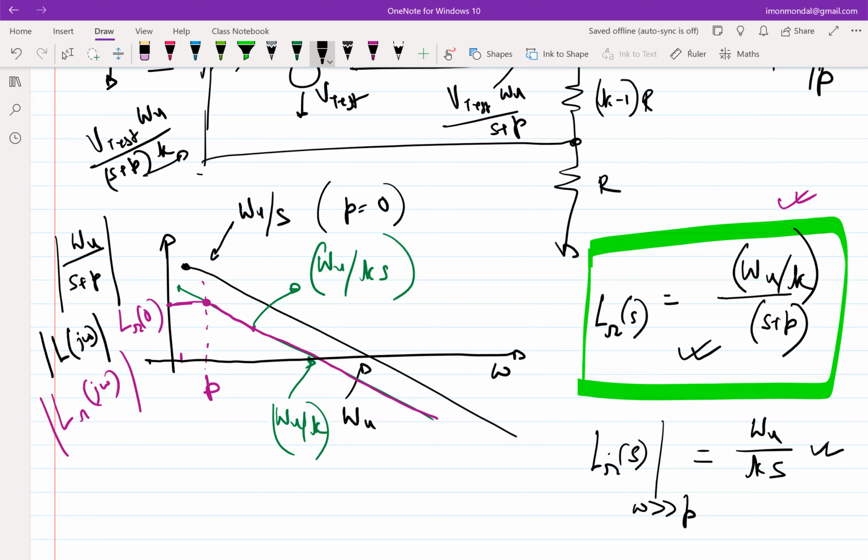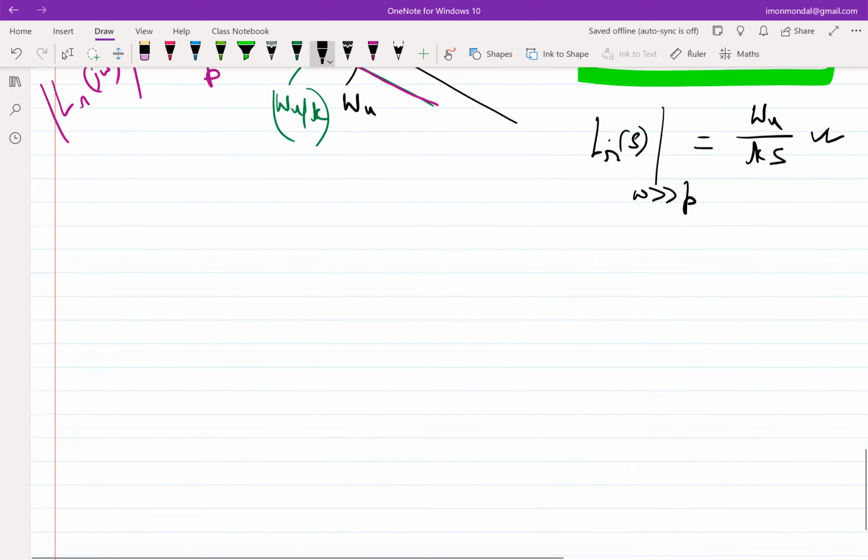I can simply assume my integrator to be an ideal gain block and go about doing my analysis. Make sense? So if we do that, what will we get?